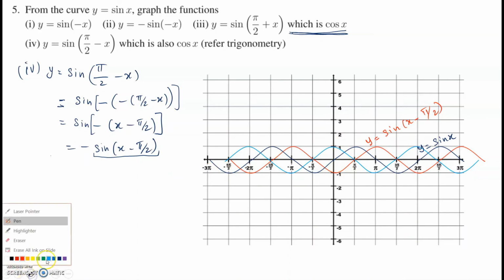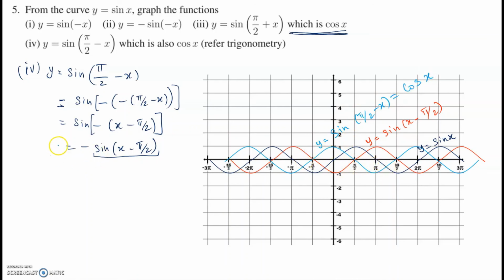So that's the new function, y is equal to sine pi by 2 minus x. You can also see this is exactly the cos x curve.